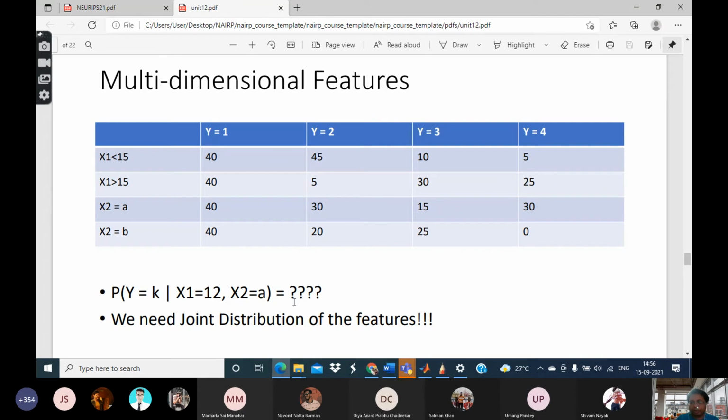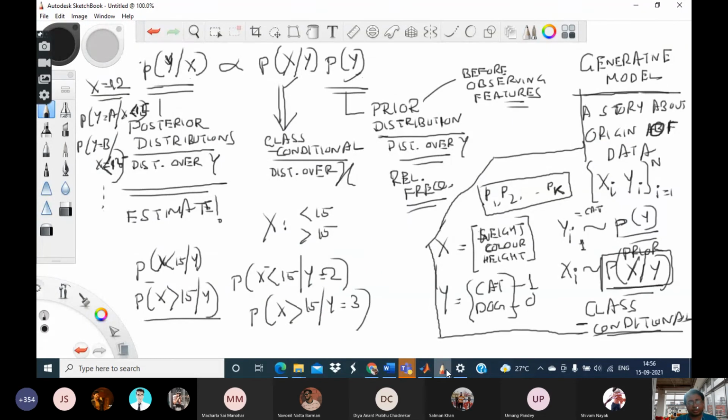Now if I go back to the board, so if I want to estimate it, let us look at what our class conditional looks like. So clearly now the class conditional is going to be somewhat like this, right? That is, probability of y given x1 equal to small x1, where small x1 is a particular value, and x2 is equal to small x2.